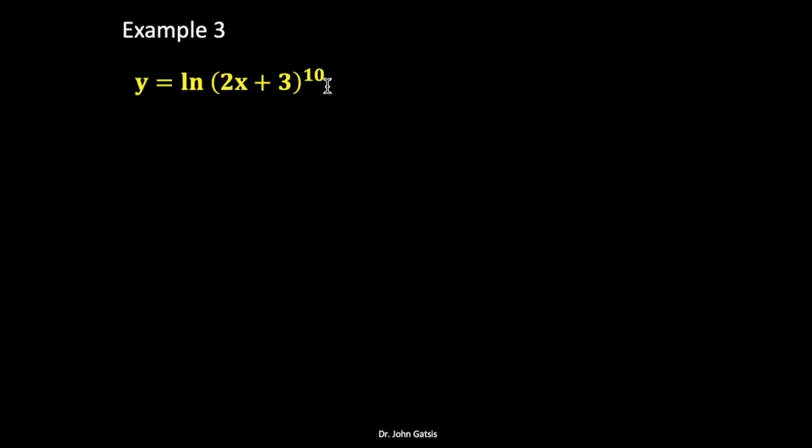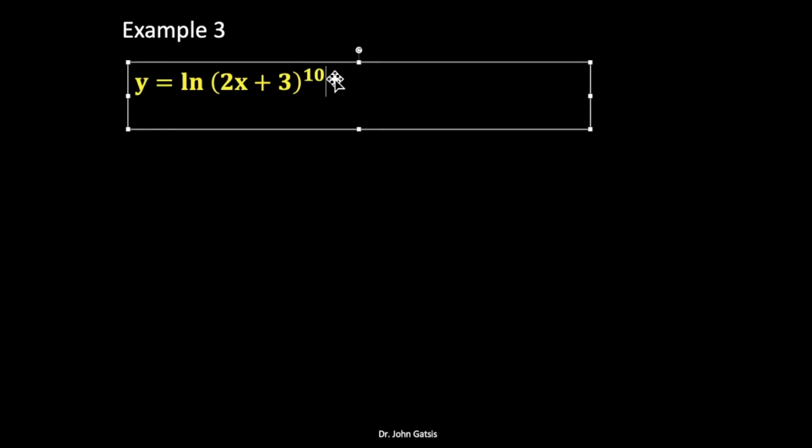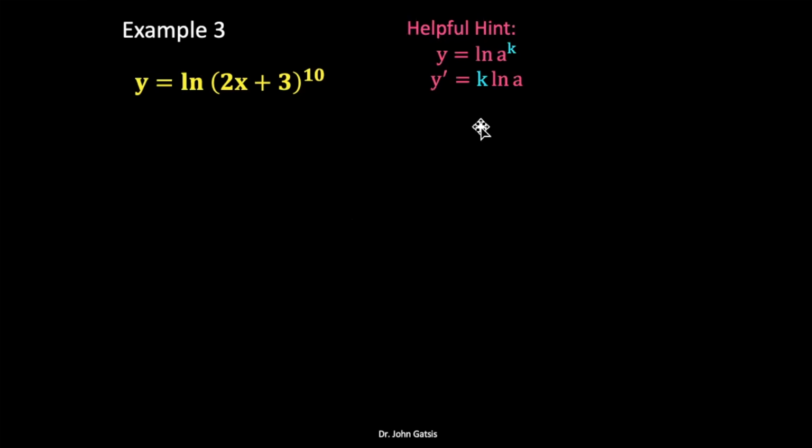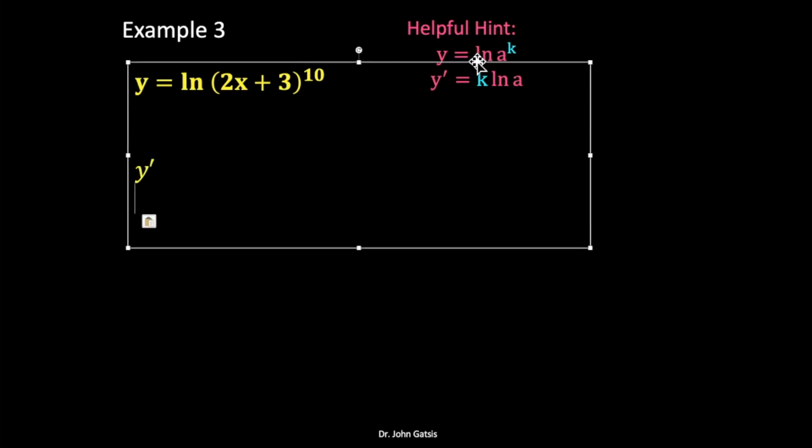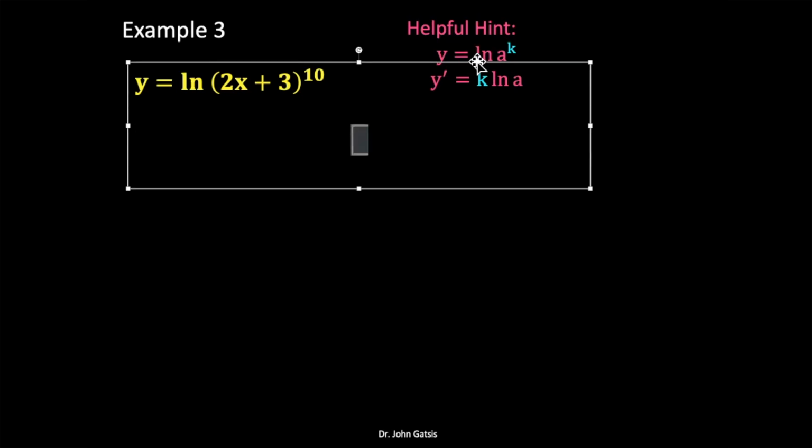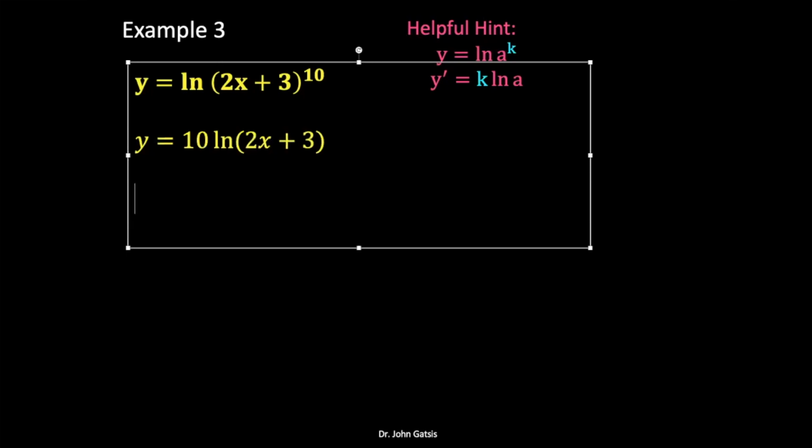Moving on to the next example, we see that we have an exponent 10. This 10 applies to the brackets, not to the logarithm. So we can use one of the rules, which is the power rule for logarithms, and bring that exponent to the front. And we write the question as follows. And we would have here 10 ln of 2x plus 3. Then we take the derivative.